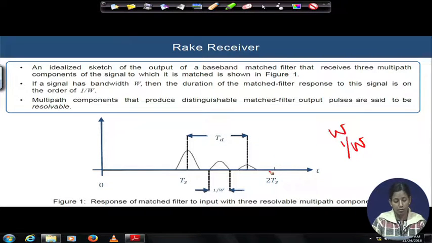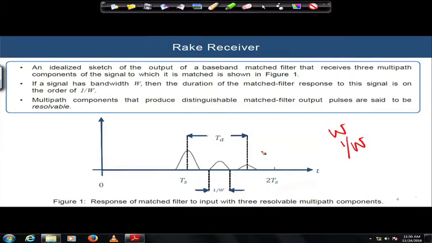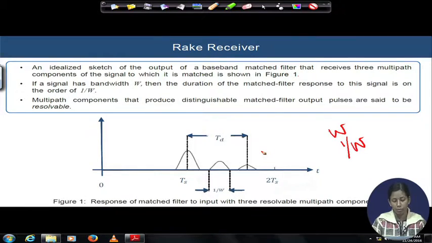But if that is not the situation, if the multipath components have significant power and you continuously watch them over the delay axis along with all other resolvable multipaths, it may happen that they produce a significant amount of intersymbol interference because of the time dispersion, or delay dispersion, of the signal over the delay axis.